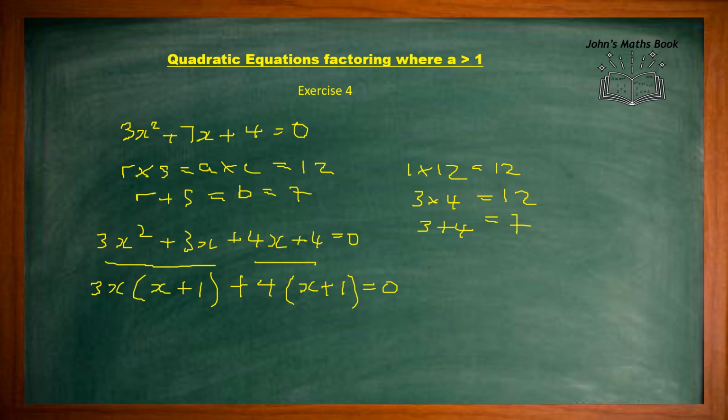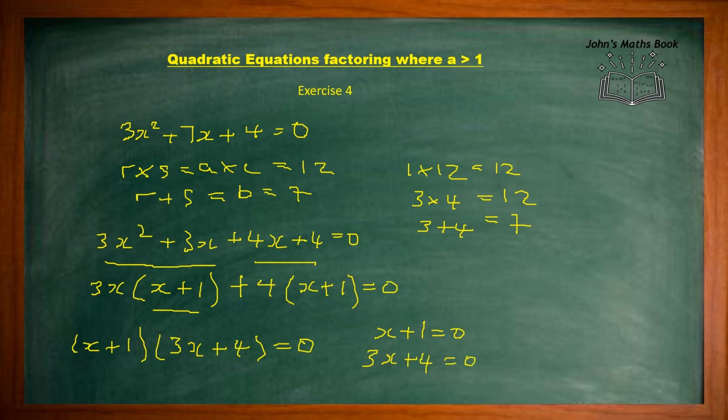So now we have a common term of x plus 1, which we can factorize. If we take that out, x plus 1, we multiply that by 3x plus 4, which equals 0. So we have two equations now: x plus 1 equals 0 and 3x plus 4 equals 0.